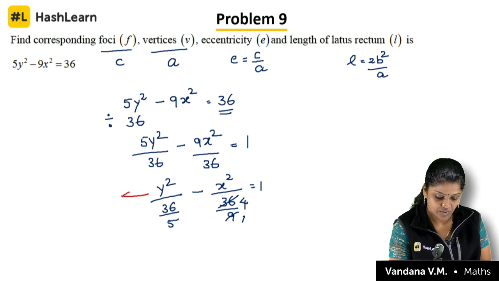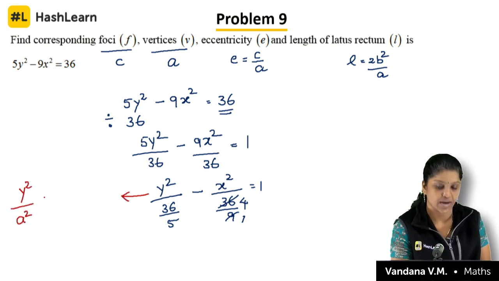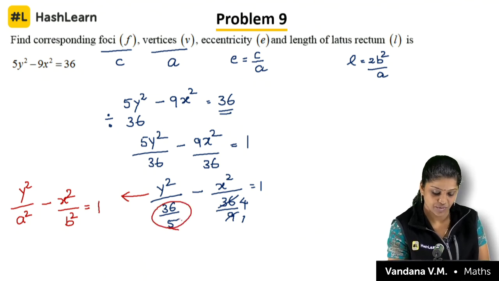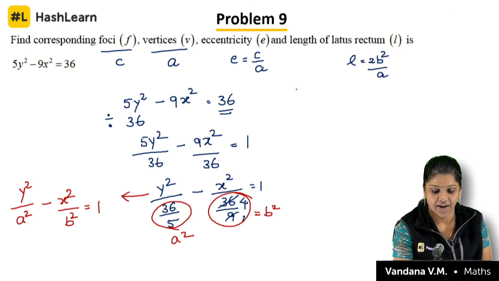Children, usually in this way, what is the standard equation? y square by a square minus x square by b square is equal to 1. So, this gives you the a square value, this gives you the b square value, isn't it? Now, find out the c value first.